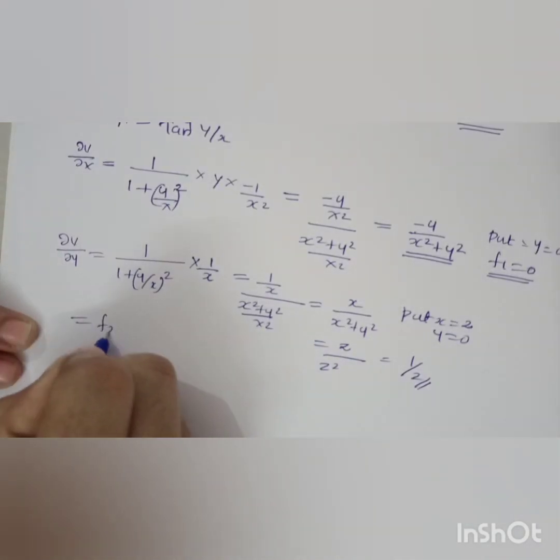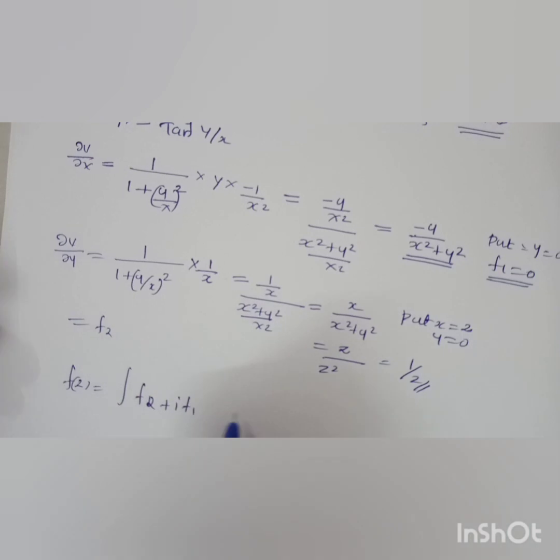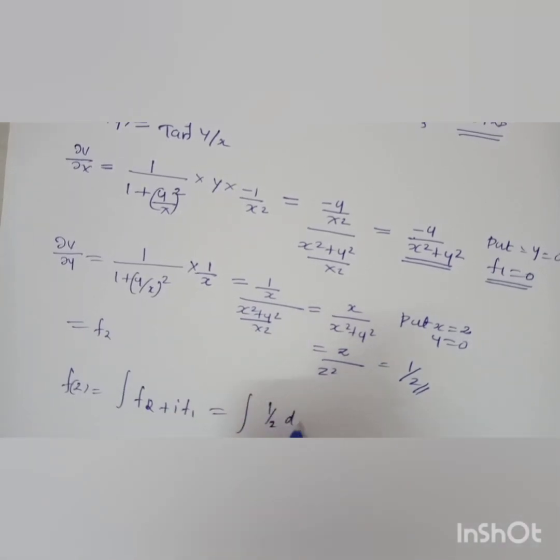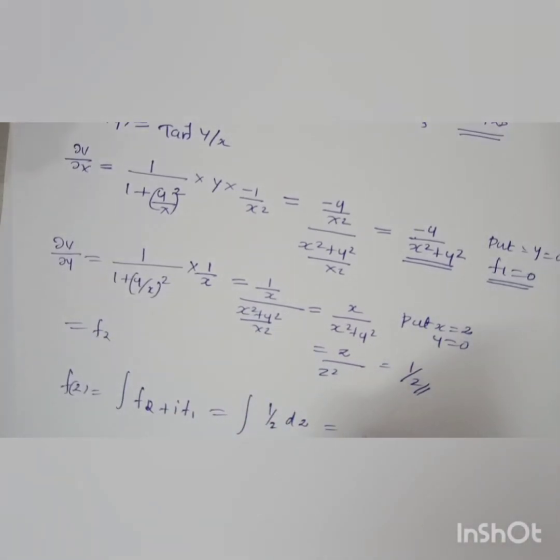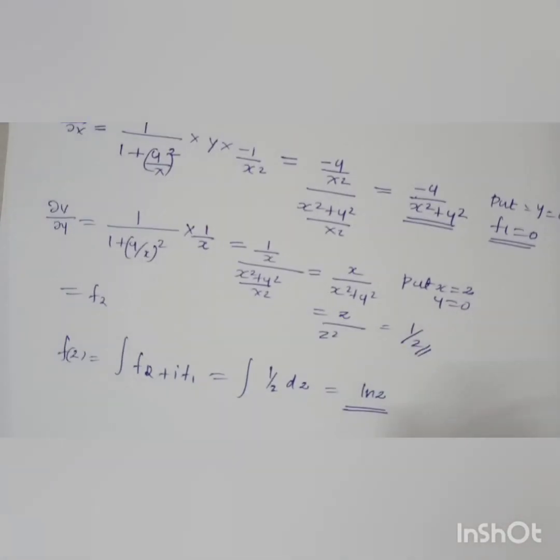This is f2. So the function f of z is integral f2 plus i f1, that is integral 1 by z dz, which is log z. So when v of x comma y is given, the function is given by integral f2 plus i f1.